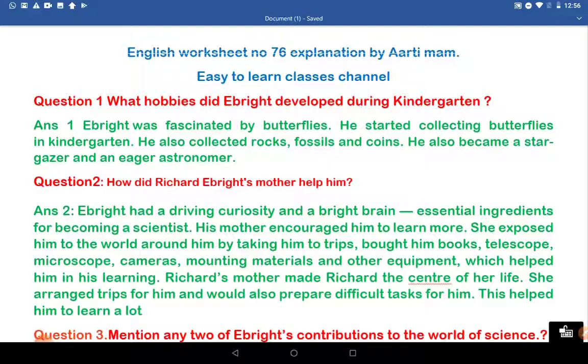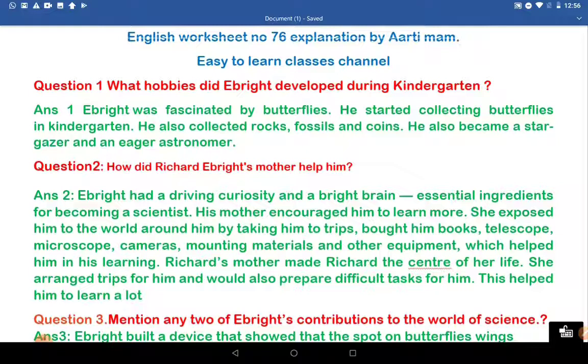She exposed him to the world around him by taking him on trips, and brought him books, telescopes, microscopes, cameras, mounting materials, and other equipment, which helped him in his learning. Richard's mother made Richard the center of her life. She arranged trips for him and would also prepare difficult tasks for him. This helped him to learn a lot.